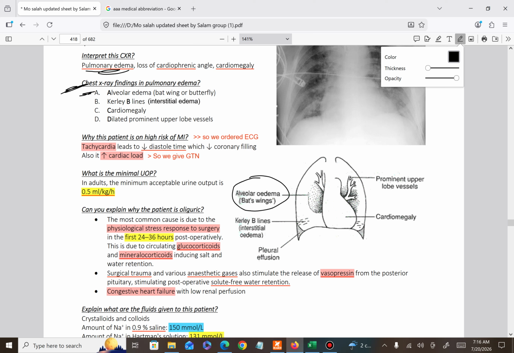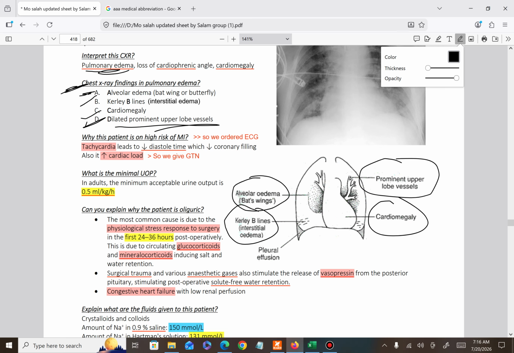Then B for Kerley B lines, which shows the interstitial edema. Then the C for cardiomegaly, increased heart shadow or cardiac shadow. Then the D for dilated prominent upper lobe vessels.